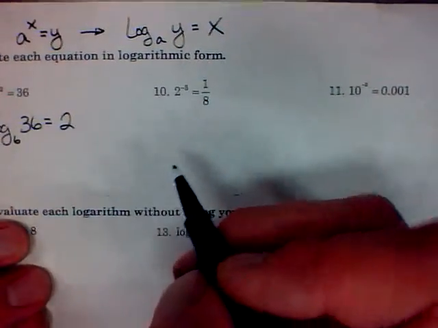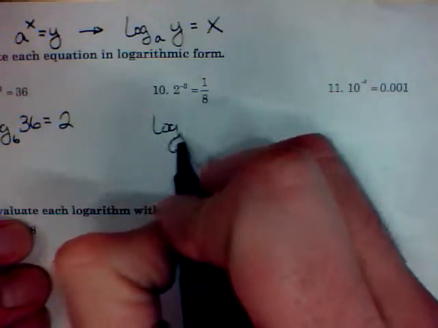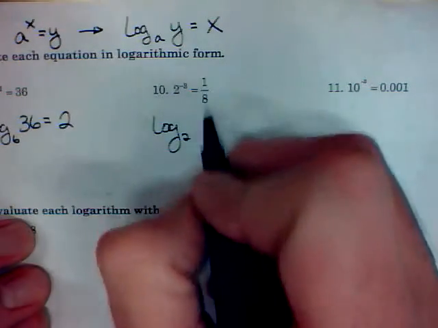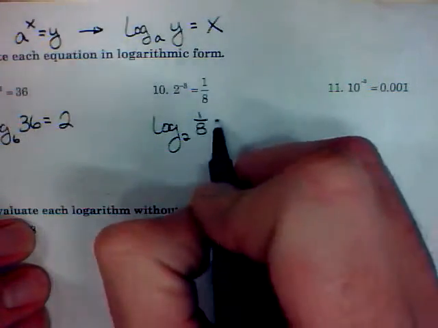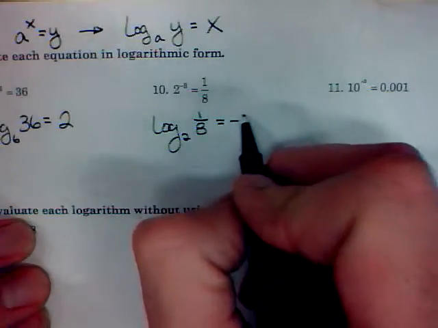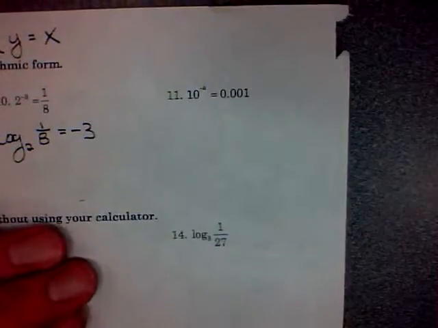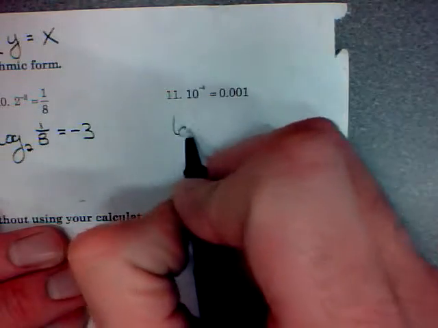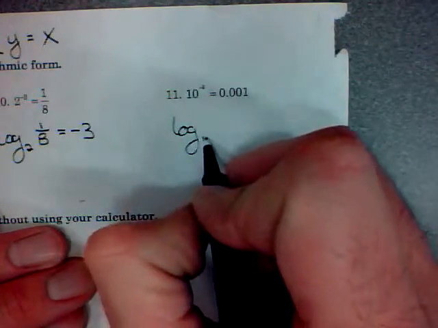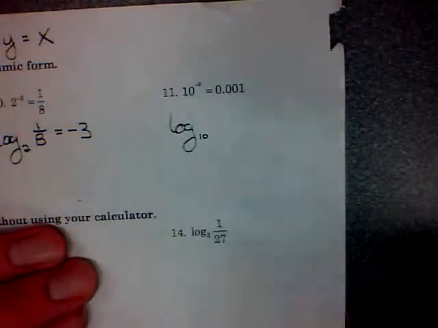Okay. So on number 10, this is log. Your base is 2. Your answer is 1/8. And your power is -3. On number 11, you have log. Your base is 10, which you don't have to write.